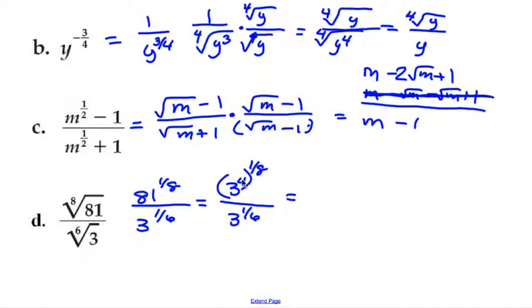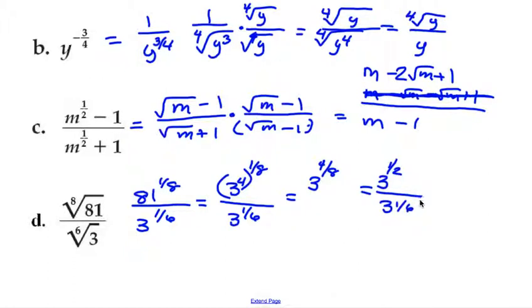When I take a power to a power, I multiply those exponents. So I get 3 to the 4/8, which reduces to 1/2. And my bottom is still 3 to the 1/6.